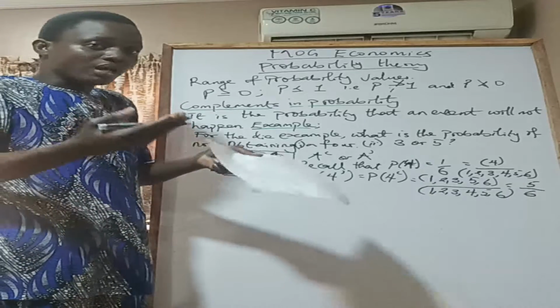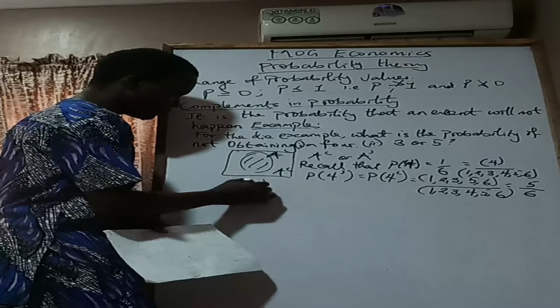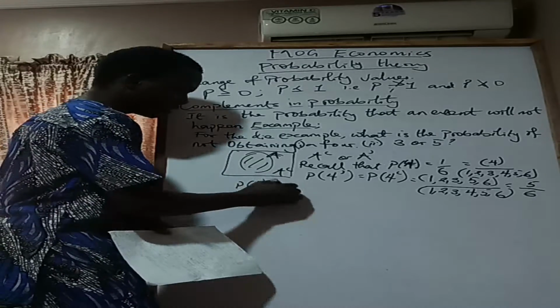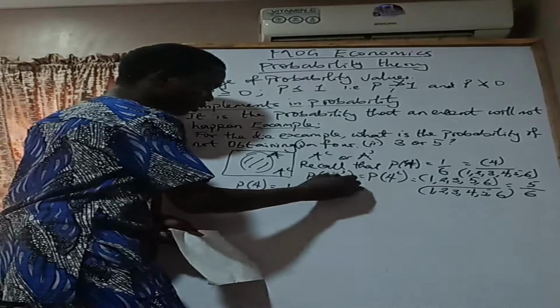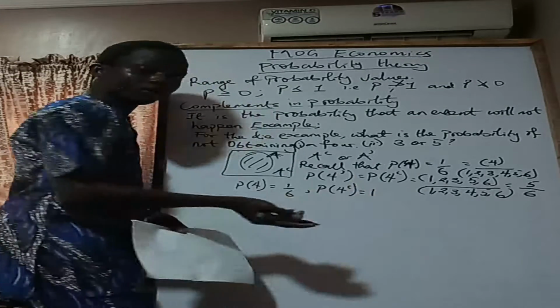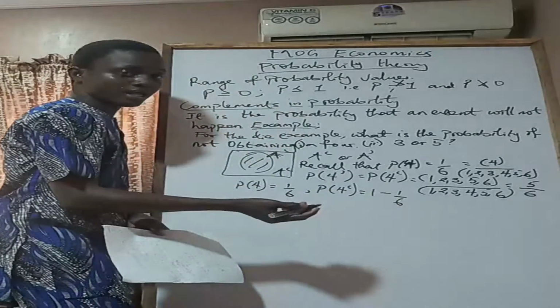Now mathematically or formally, how do you do that? If the probability of 4 equals 1 over 6, then definitely the probability of 4 complement is simply 1 minus 1 over 6. That's the principle.